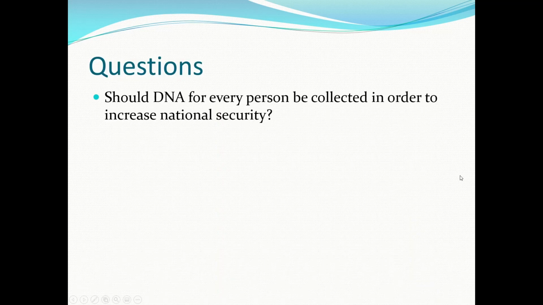So here are some questions I want you to think about. Should DNA for every person be collected in order to increase national security? So we have to think about those different viewpoints, right? Is it ethical? That's probably the biggest one for this, right? Is it ethical for the government to have your DNA? Would it help solve crimes? For sure.